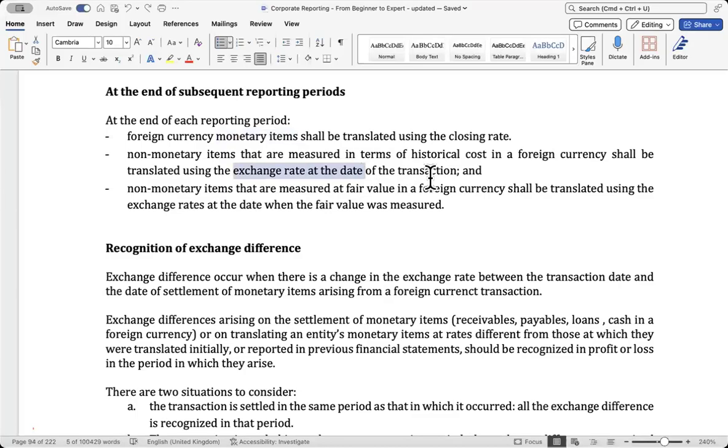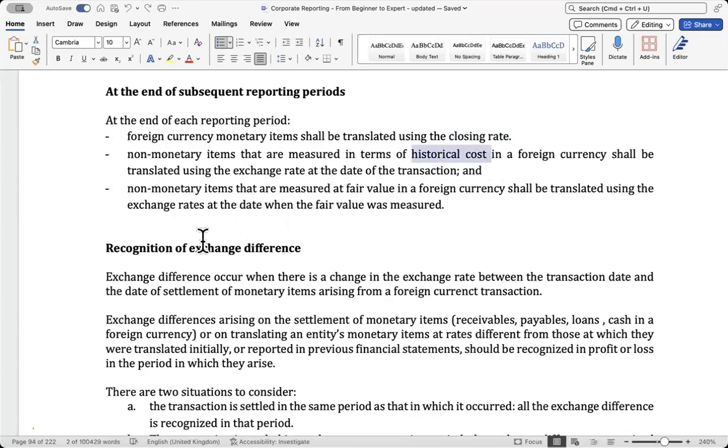But the ones that are measured at fair value, you're going to measure them at the rates at the date where the fair value was measured. Okay, so that is that. Now, usually at the end of the year, when you are using different exchange rates, the two exchange rates I've mentioned here are closing rates and historical rates, right?